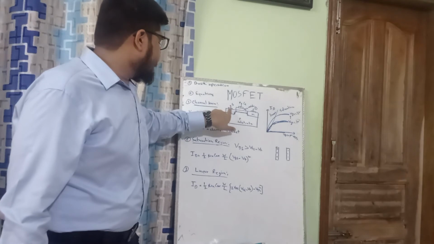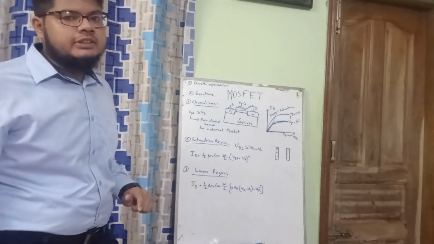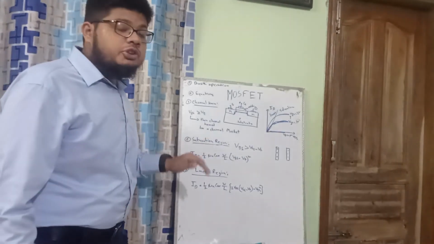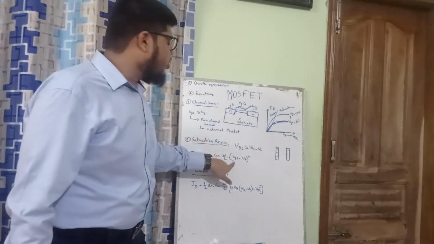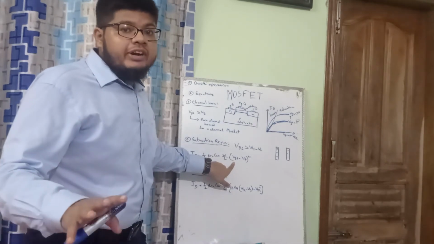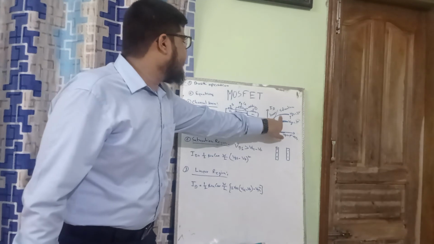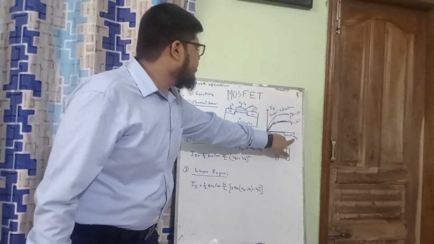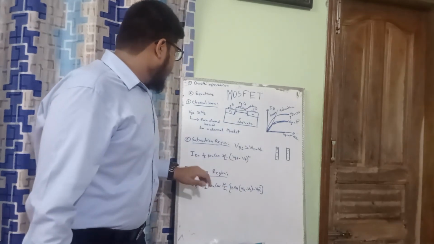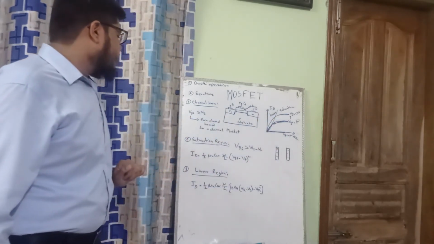In linear region the drain current depends on the drain to source voltage, but in saturation region the current is not dependent on drain to source voltage, rather it is almost constant, which we are seeing here. In the saturation region the current is almost constant with drain to source voltage, but in linear region it is increasing with drain to source voltage.